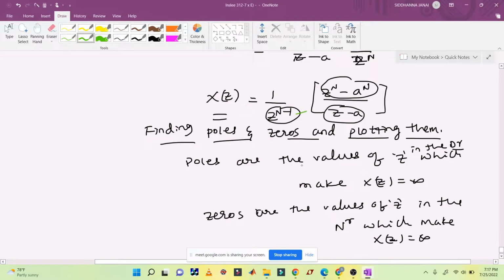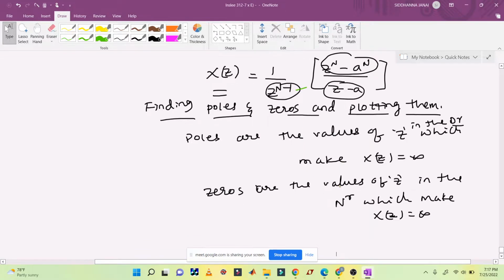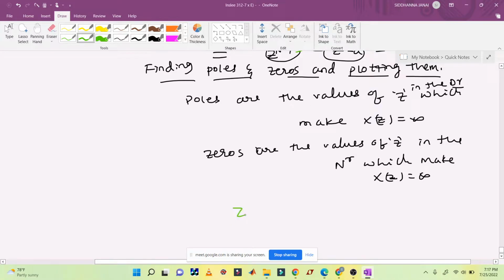So how many poles are there? Z to the power n minus 1 poles, and z minus a is another pole. So these are the poles. If you have n equal to 10, z to the power 9 is a pole of order 9, that is 9 poles on top of one another, and there is another pole at z equal to a.